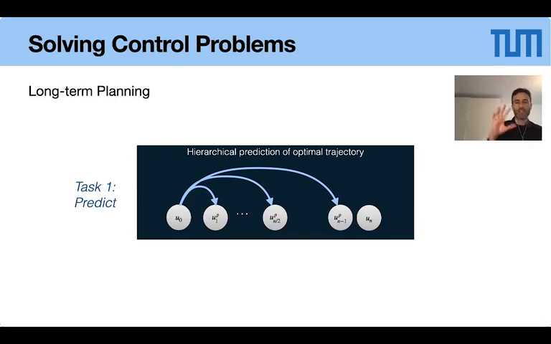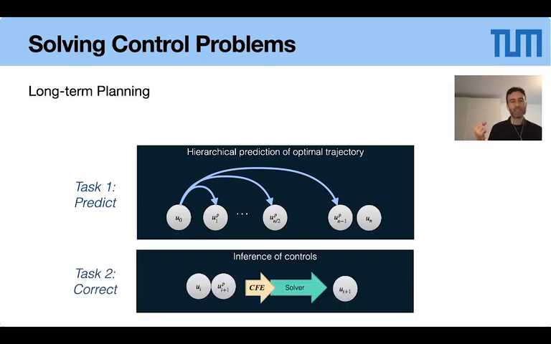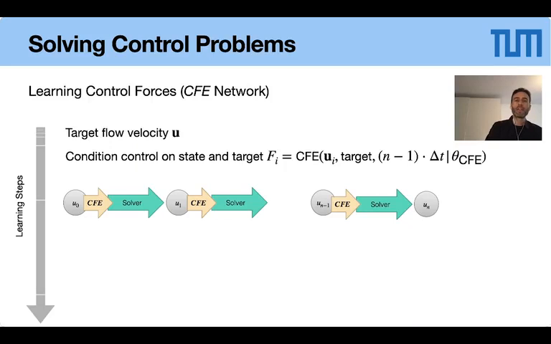We're starting with an initial state, we have some final goal in mind, given also as input to the neural network, and it then predicts in terms of velocity in this case what the intermediate states could look like. And the second network that in a way is the workhorse that does the actual actions. This is very similar to the previous error corrector. Here it's called CFE, and those two are actually jointly trained in a very similar manner to before.